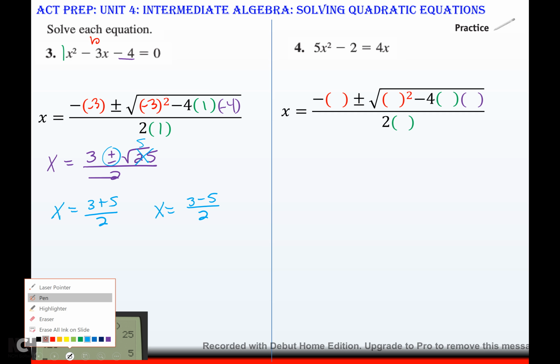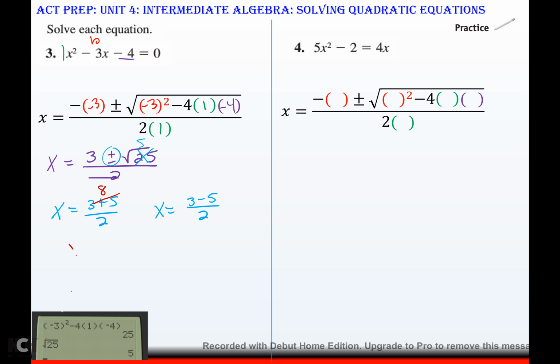Simplifying those, that's 8 divided by 2, x equals 4. That's negative 2 divided by 2, x equals negative 1. And there's my two solutions.